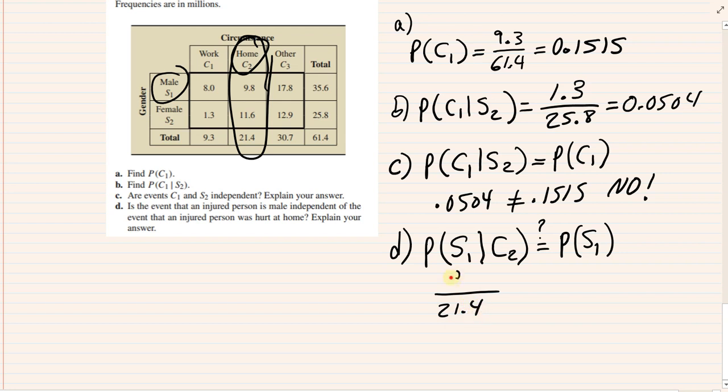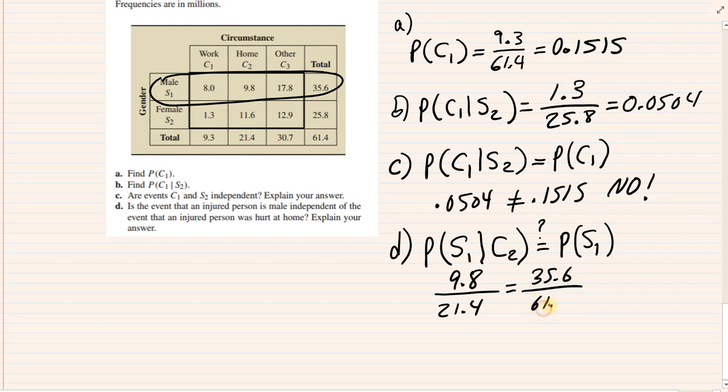For S1 in that column, there's only 9.8 of males whose injury occurred at home. And the probability of selecting a male in the group is 35.6 out of 61.4. And these probabilities don't equal. So the answer again is no. So it seems like gender has something to do with the incidence of injuries at work, home, and other. It means the event is not uniform across gender.